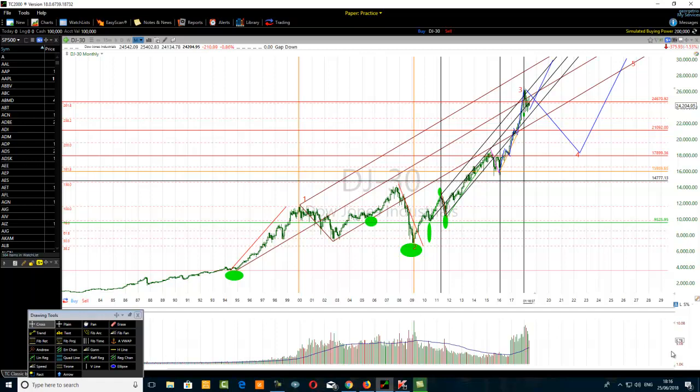Those major stock indices do not very often pull back to the 50% Fibonacci retracement level on the monthly chart. I'm not talking about the daily chart, I'm not talking about the weekly chart, I'm talking about monthly charts. So if they have been going up for some time and then they pull back to the 50% Fibonacci retracement level, the buying frenzy will begin.